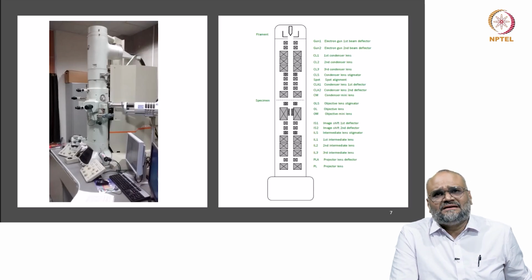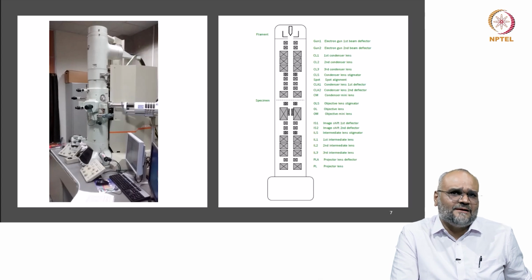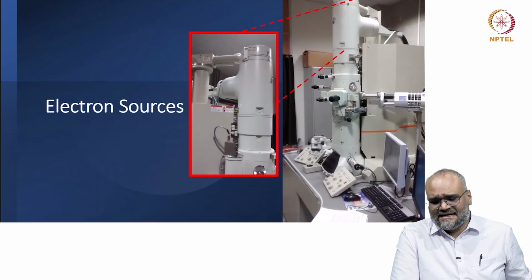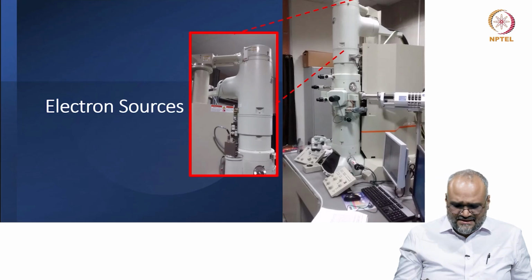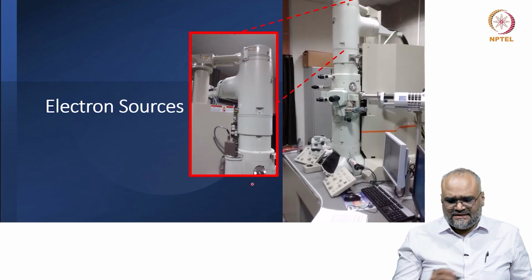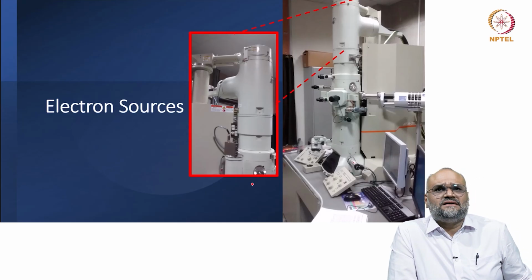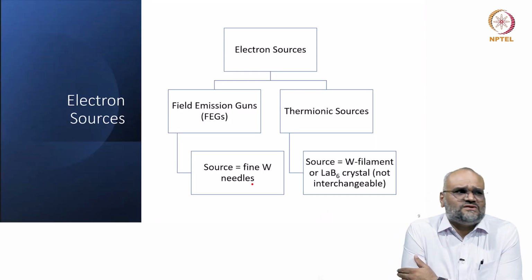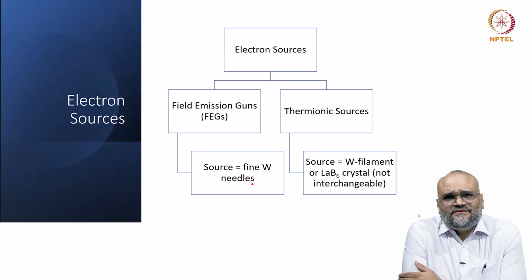We'll start by recollecting what we saw with respect to electron sources and why these are important. So when I look at the electron source, it looks like this. The zoomed inset shows you the gun here, which is a thermionic emitter, and typically the electron sources can be classified as either field emission guns or thermionic sources.